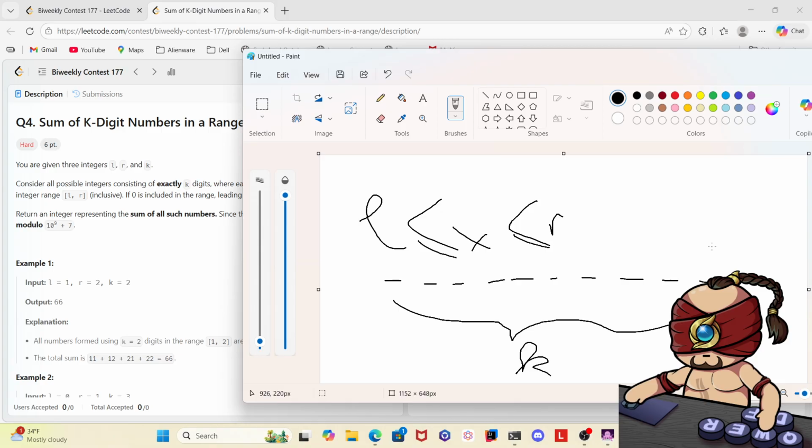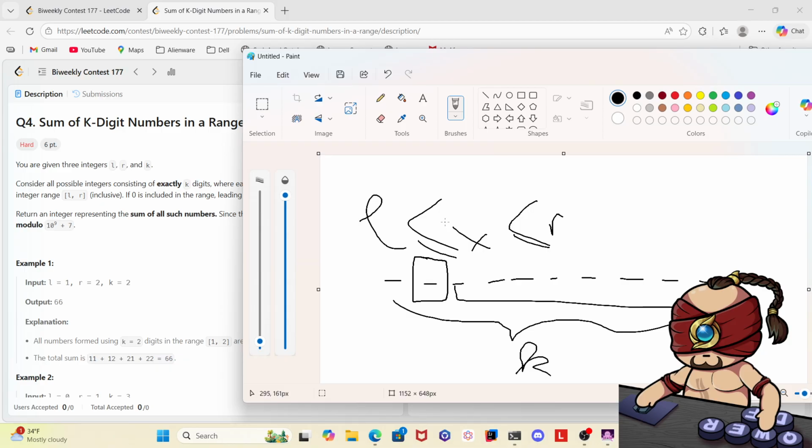Because if we are here, for example, the sum will be these. Basically, yeah, that's it.